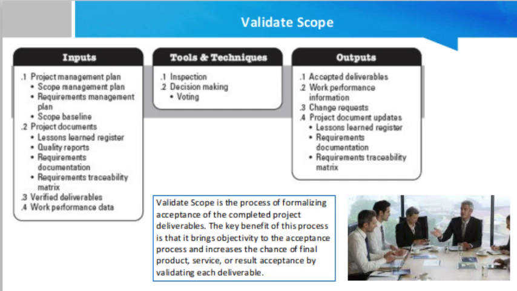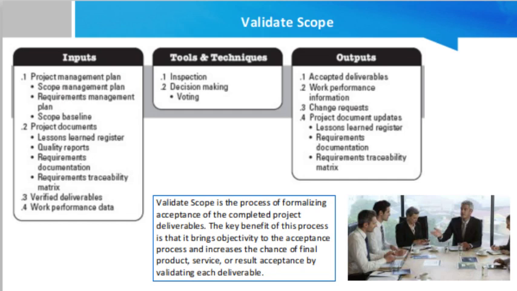The inputs for validate scope are project management plan, project documents, verified deliverables, and work performance data. Project management plan. The project management plan contains the scope management plan, which helps in specifying how formal acceptance of the completed project deliverables will be obtained.